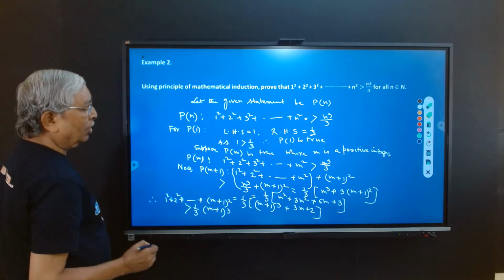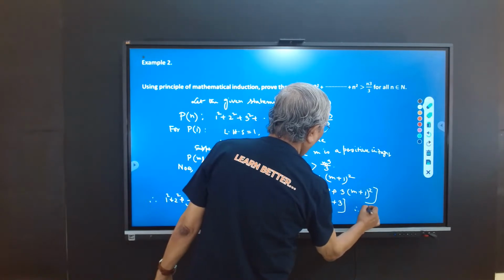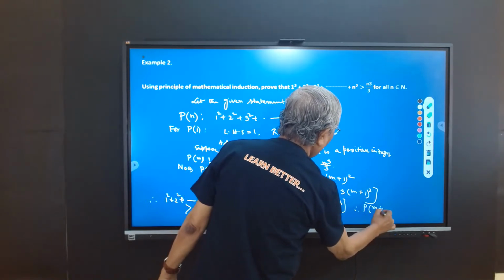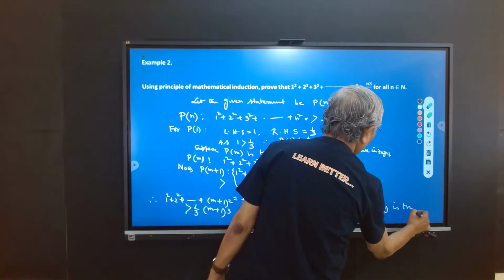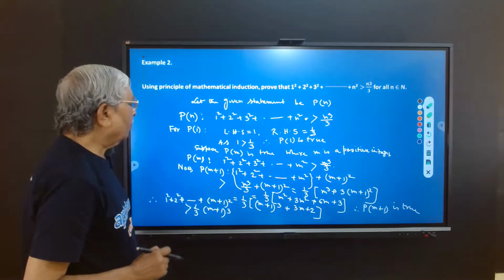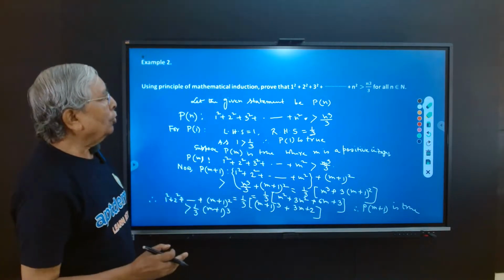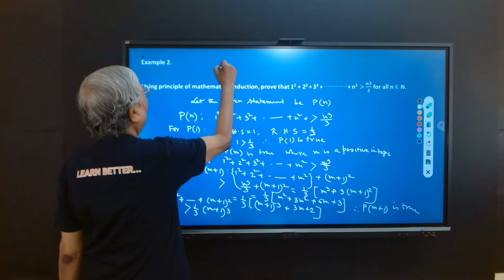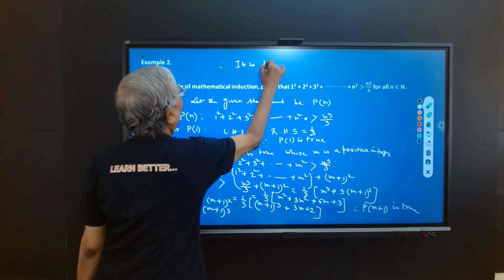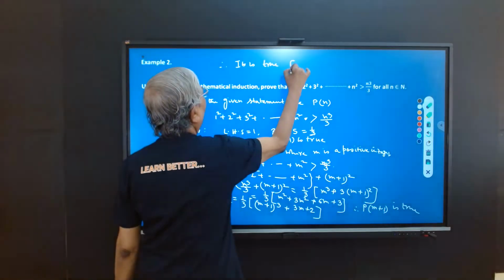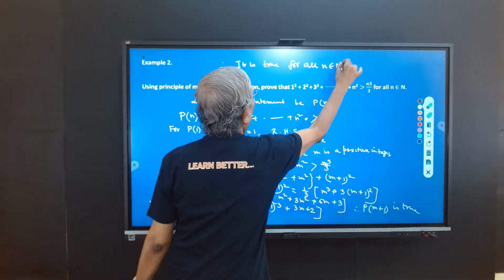Therefore, Pm plus 1 is true. So supposing that Pm is true, we have shown that Pm plus 1 is true. Therefore, it is true for all natural numbers n, which belongs to capital N.